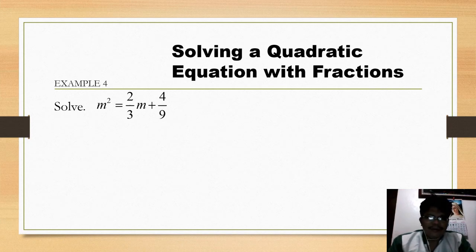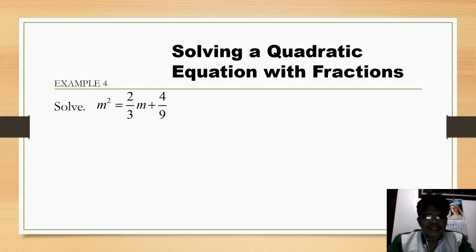So, think of a number which is the least common denominator of 1, 3, and 9. Saan galing yung 1? So, that is the denominator of n squared, 3, the denominator of 2/3, and 9, the denominator of 4 over 9. So, what do you think? The LCD. So, the LCD is 9.